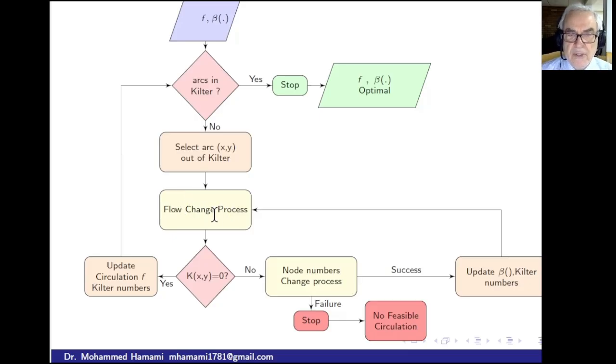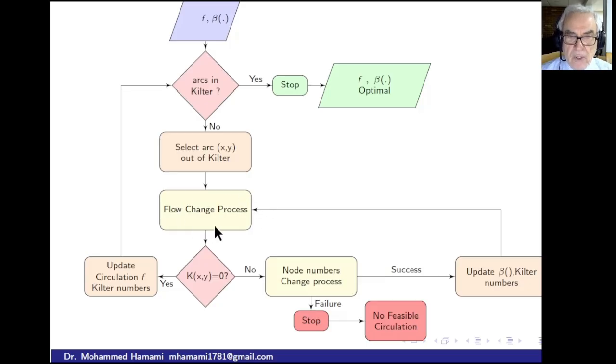There is an example in Professor Chvátal's book on linear programming that gives that case where this flow change takes forever. So it's important to know that the out-of-Kilter algorithm works only with rational data, not irrational data like square root or e or pi in the input data. Okay, so this is the algorithm.